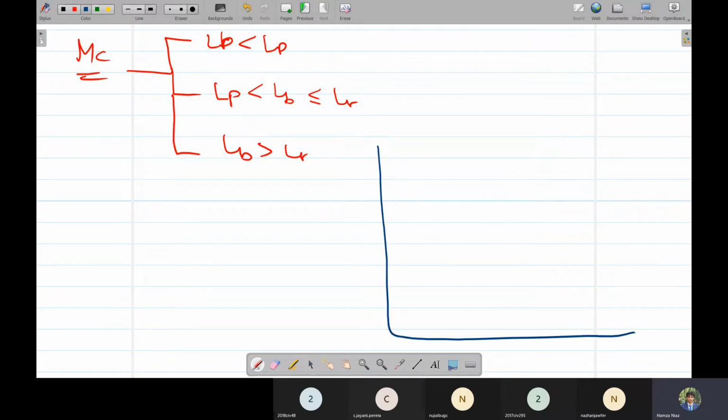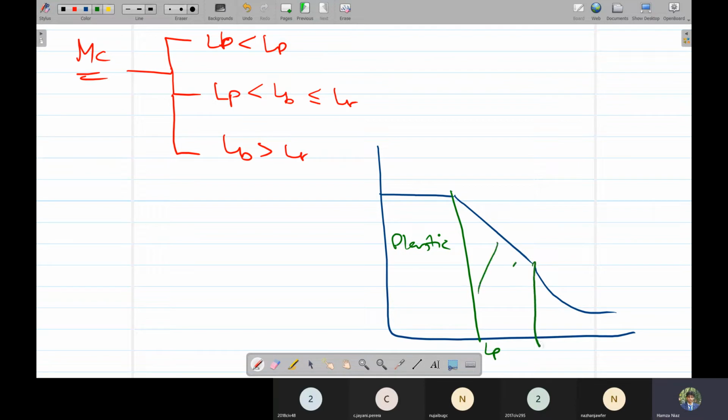For example, this is our section, and this is approximately how the capacity of the section is going to vary. First, we have almost constant capacity, which we refer to as the plastic region or plastic moment capacity, up till LP. After LP, we have the inelastic region, where inelastic buckling would happen, up till LR. And after LR, we have elastic buckling.